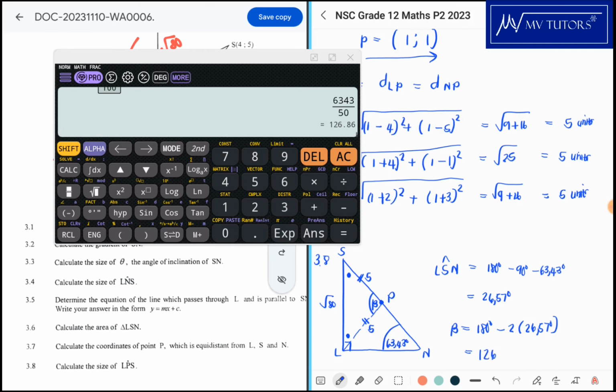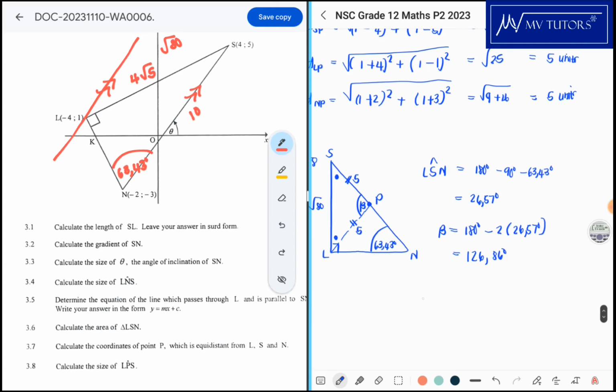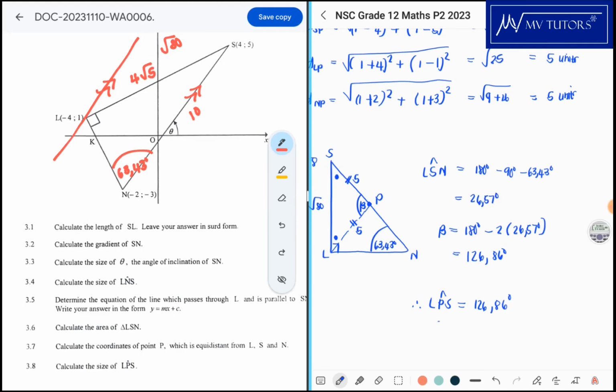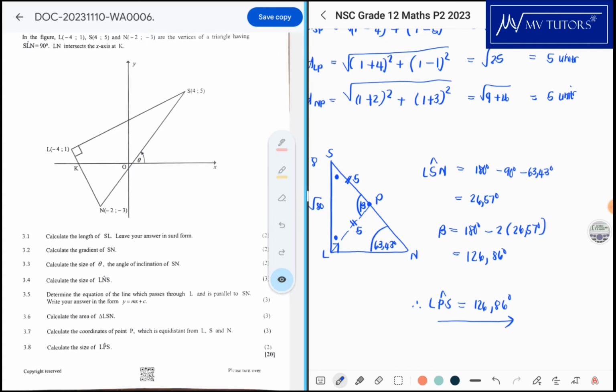I get 126,86 degrees. Let me just write it out properly. So therefore, LPS is equal to 126,86. Right? Yes. And that concludes question 3. Yes, it does.